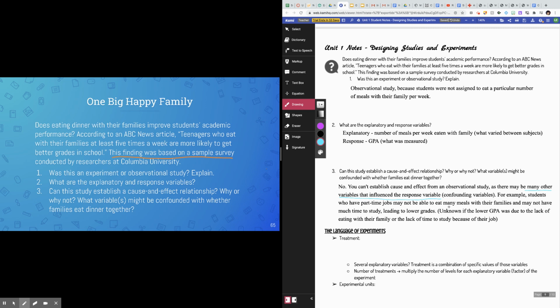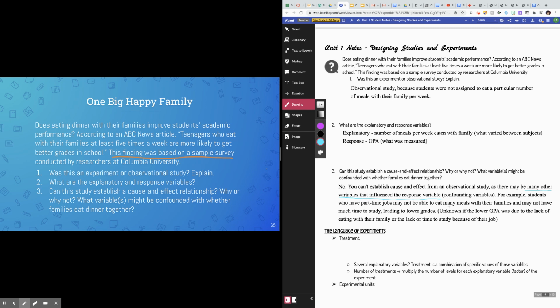And I gave you an example of one confounding variable, right? That students who don't eat with their families, like who don't eat many meals with their families over the course of a week, might do that because they have jobs that they have to go to, right? So students who have jobs might not be able to eat lots of meals with their families.